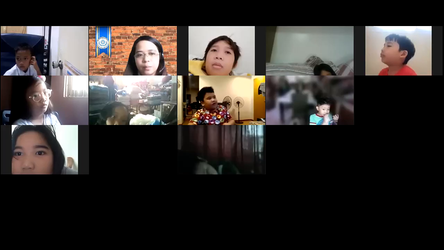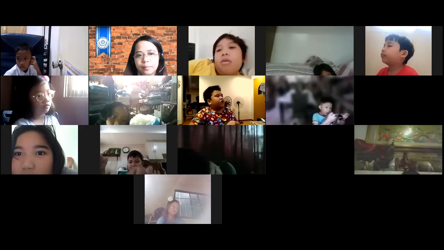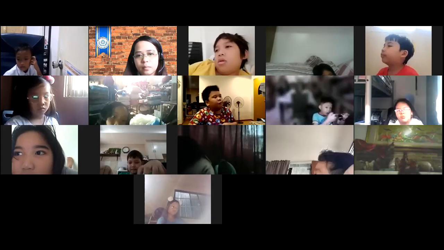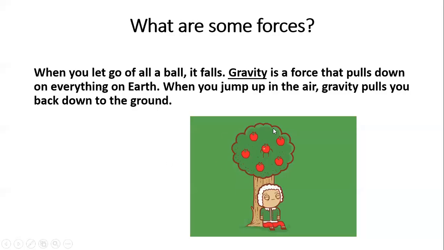The balloon doesn't do the same thing because it has air. Okay, an example of gravity is this one. Look at this one. When you jump in the air, just like how the apple dropped, gravity pulls you back down to the ground.